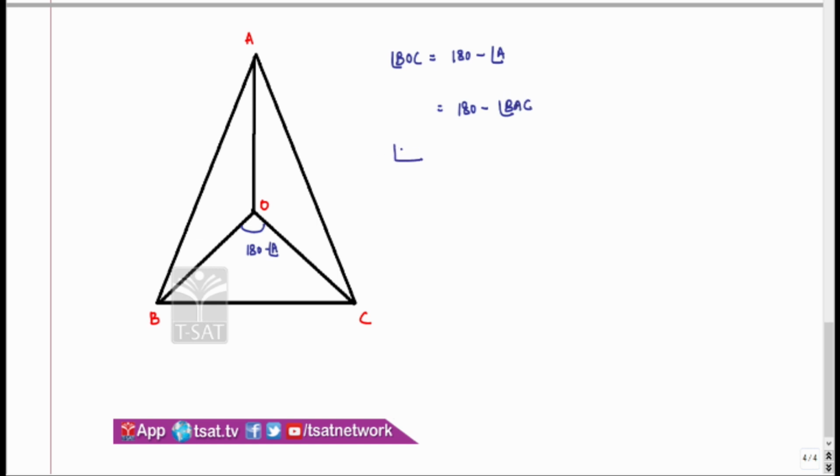Look at angle COA. Now, here this angle is B, therefore it becomes 180 minus B, that is 180 minus angle ABC. If I take angle AOB, which is equal to 180 minus angle C, 180 minus angle ACB.